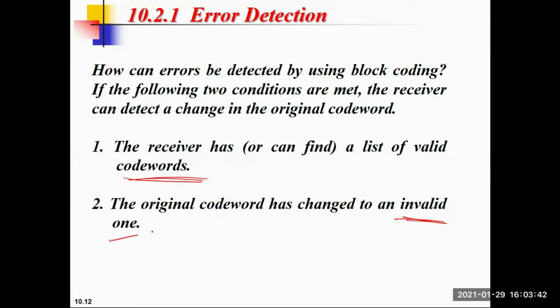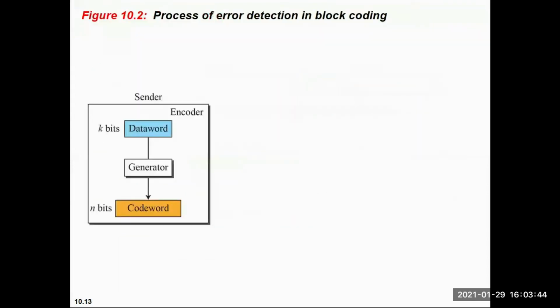So this is the method we are going to see. At our sender side, we have a data word, then we will generate or add some code, then we can say that it is a code word. The length of this is k and this one is r, so this n is equal to k plus r bits.